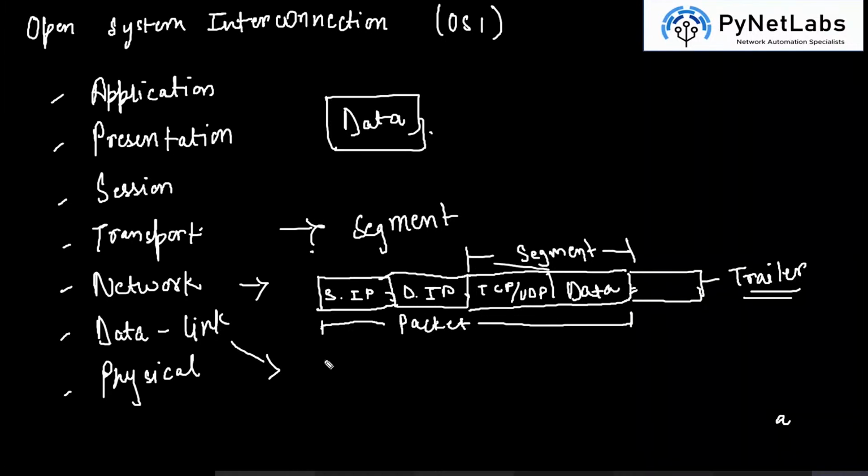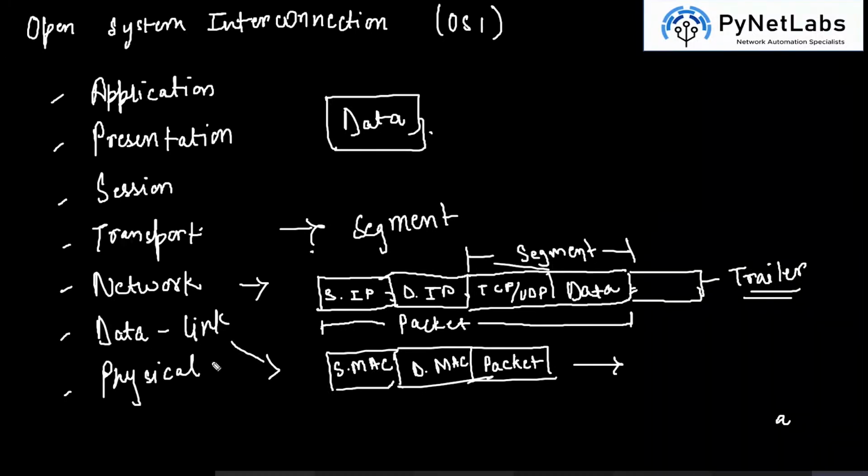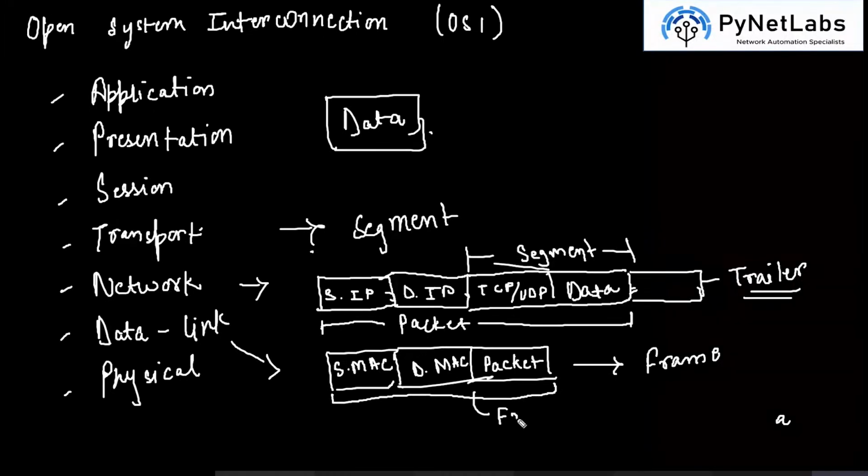The header attached here is the source MAC, which is related to the MAC address, then we have the destination MAC, then after that we have the packet. And the PDU, protocol data unit, for the data link layer is frame, so all together these 3 things are known as frame.